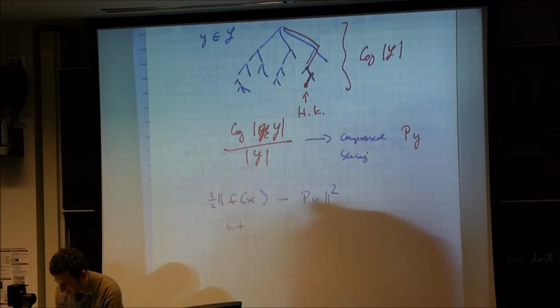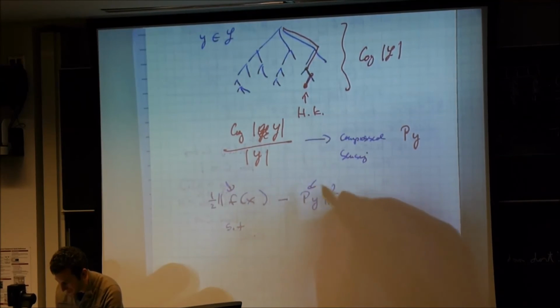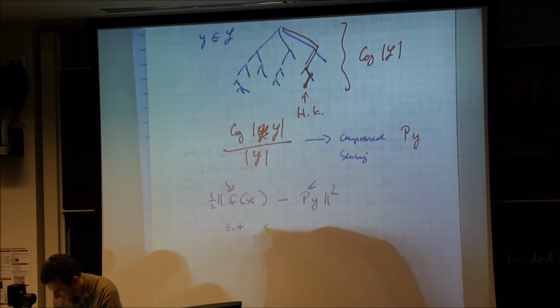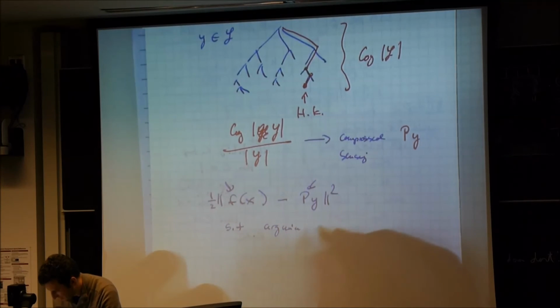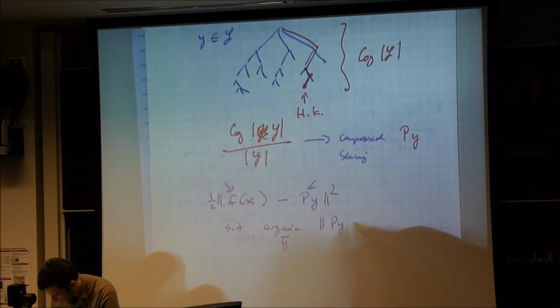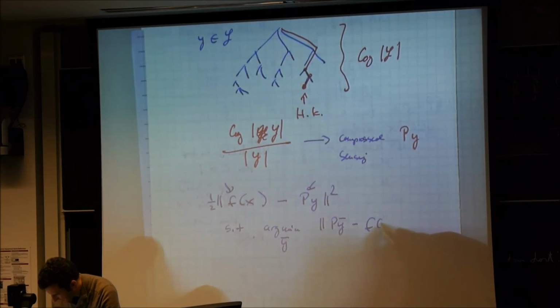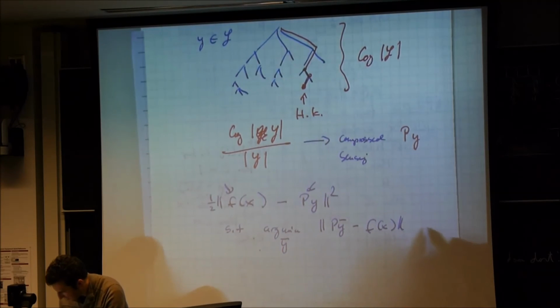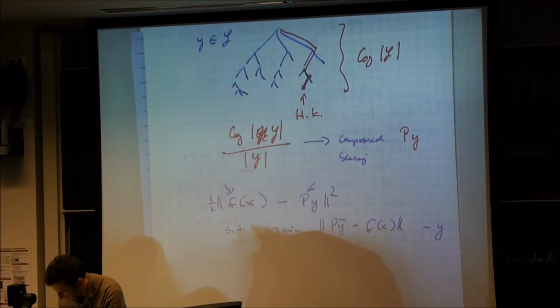So you want to minimize this, and you can basically optimize F, or you can make the problem easier. But if you do this, then maybe you lose in the decoding, such that arg min over y bar of Py bar minus f of x, such that this thing here minus y is small.